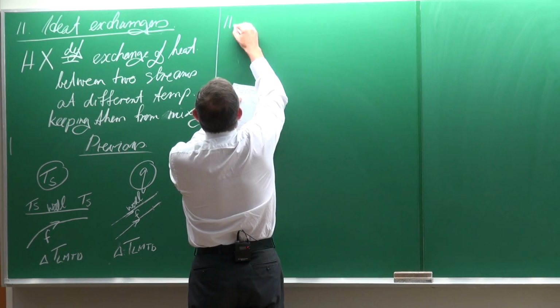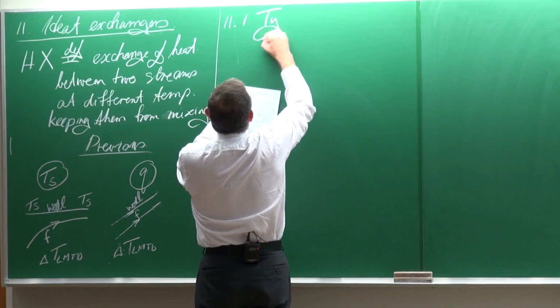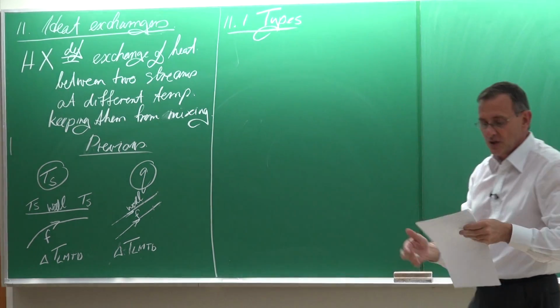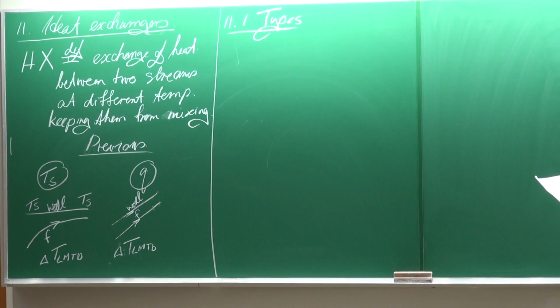Right, now there are different types of heat exchangers, and we are going to discuss them shortly, and I'm just going to discuss some of the most important ones. Definitely not all of them.